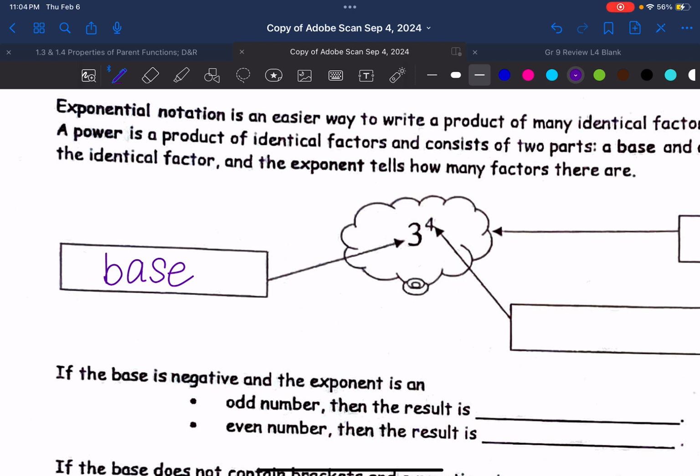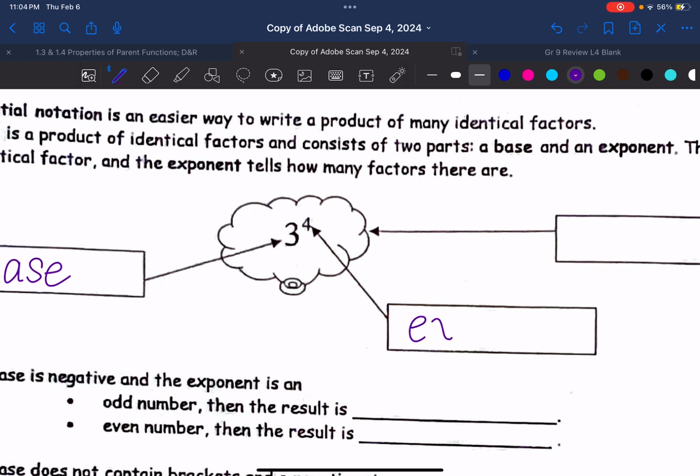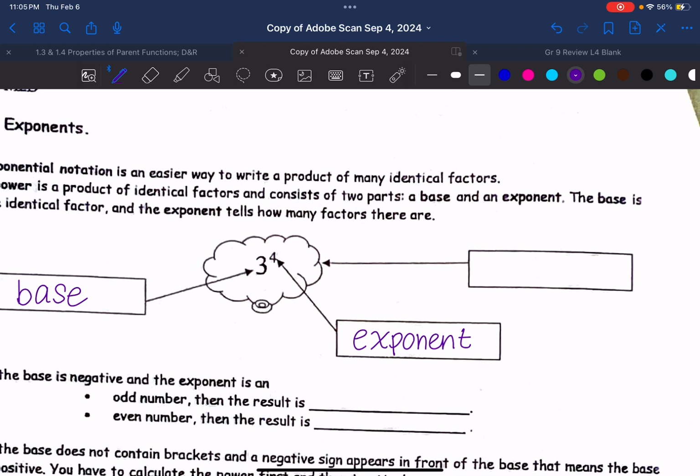This 4, which is our exponent, that's telling us how many times we're going to multiply our base by itself. So for example, 3 to the power of 4 means I'm going to multiply 3 by itself 4 times. So this would be like 3 times 3 times 3 times 3. And then lastly, this whole cloud that this arrow is pointing to, it's just referring to it as a power. That's what we call it. So like we're saying 3 to the power of 4.